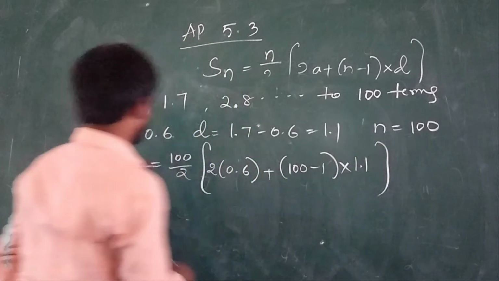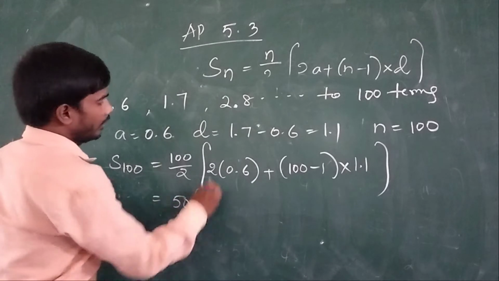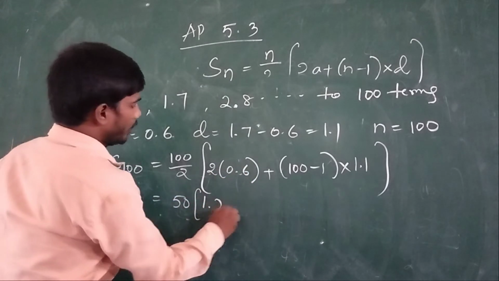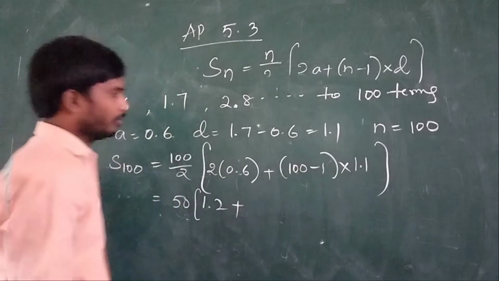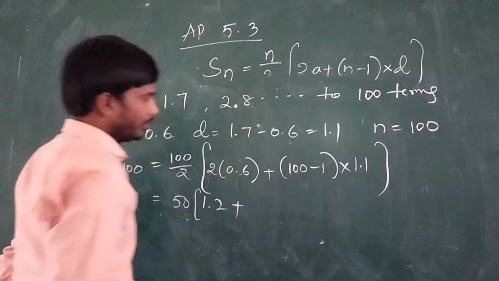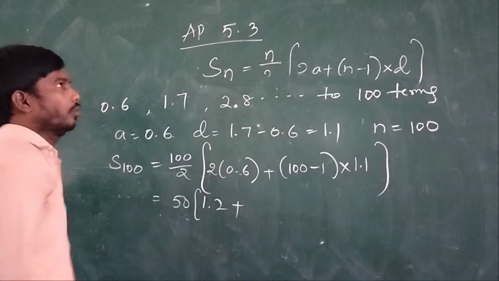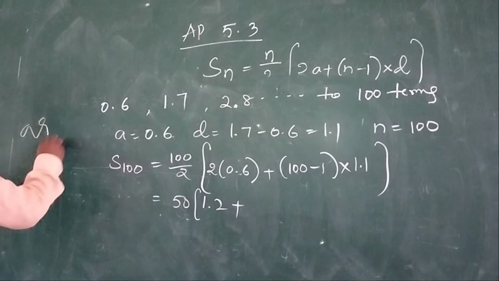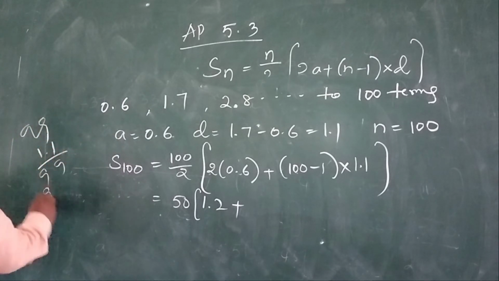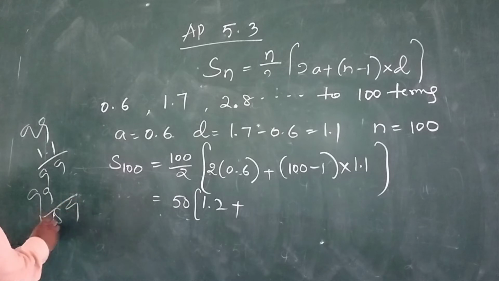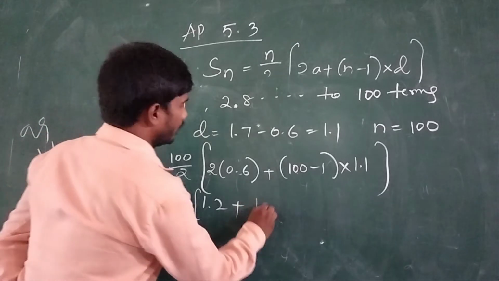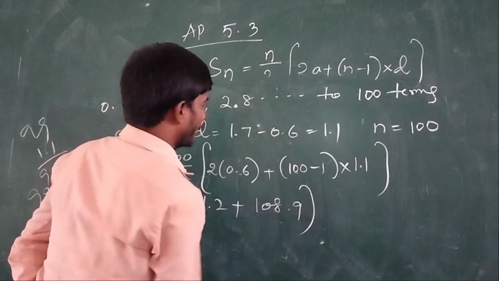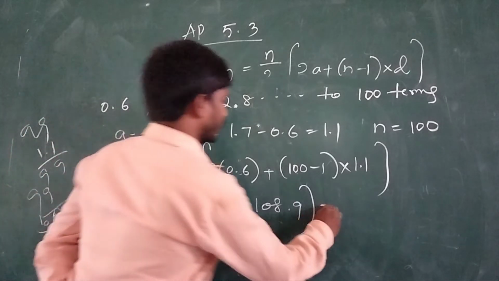Now 100 by 2 is 50, 2 into 0.6 is 1.2, plus 99 into 1.1, 100 minus 1, 99 into 1.1, which is 108.9.